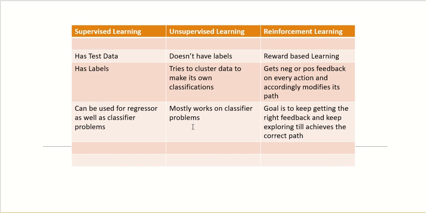It generally works on classifier problems only. And reinforcement learning, as I said, is reward based learning. The path is decided based on negative or positive feedbacks. As more and more positive feedbacks are received, we keep moving ahead with our action plan, and as we get negative feedbacks, we keep modifying our plan and keep finding the right path.